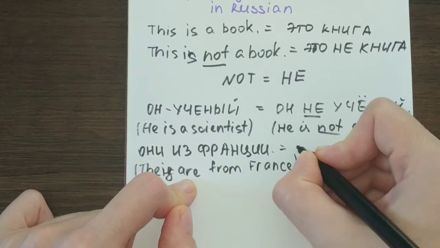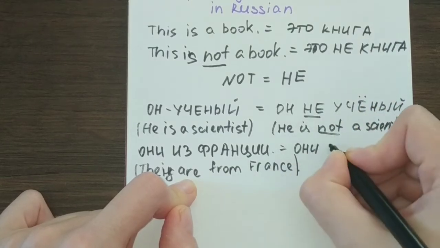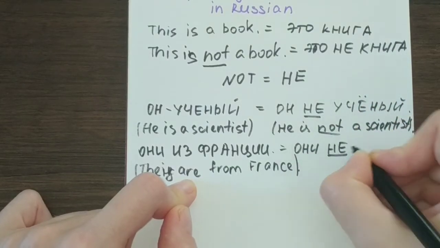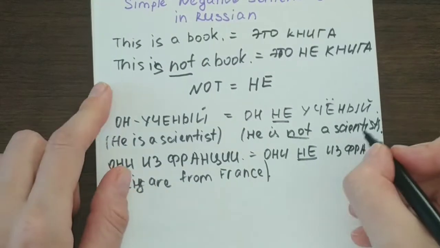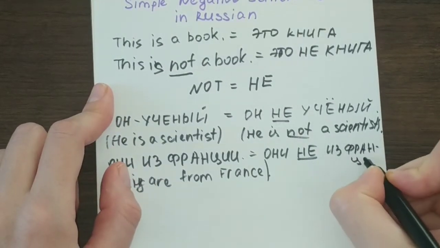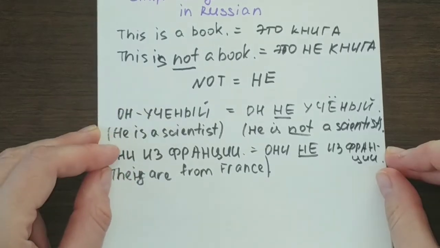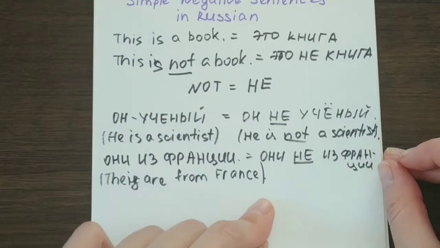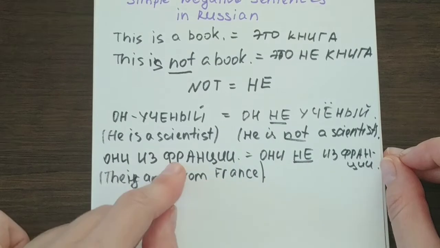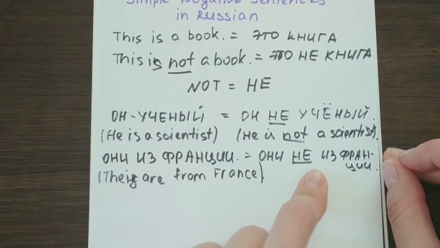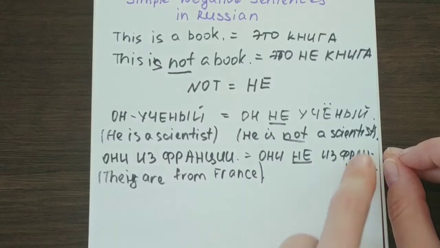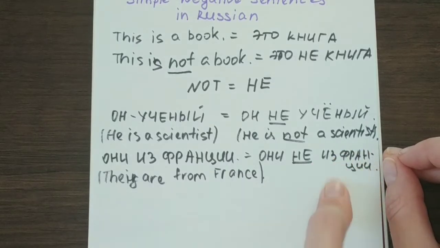And that will be они не из Франции. They are not from France. So we're negating the fact that they're from France. We're putting the не, not, in front of this word combination из Франции.